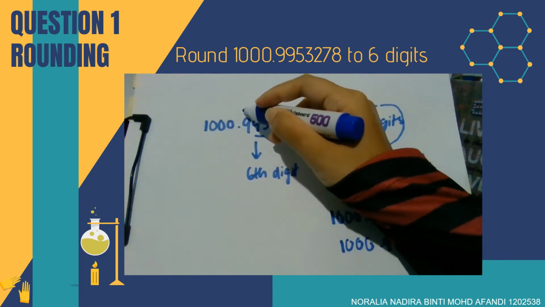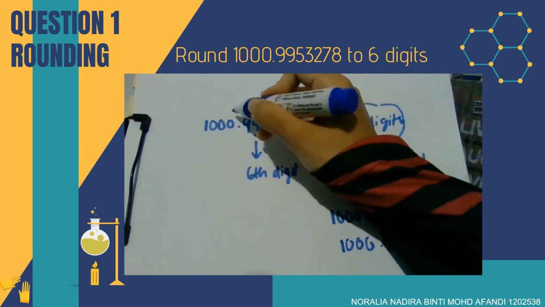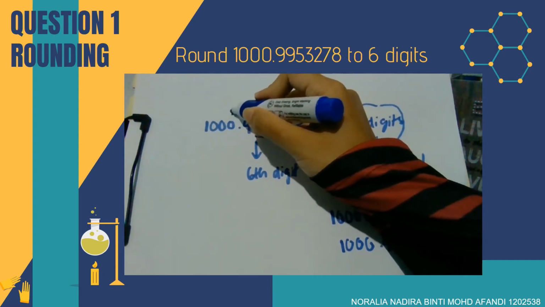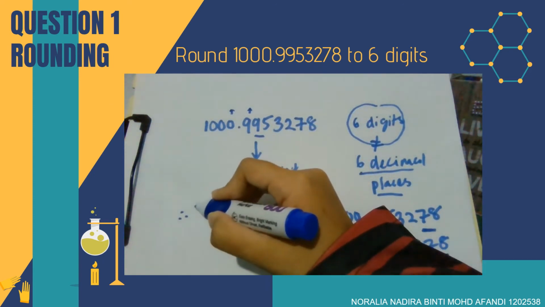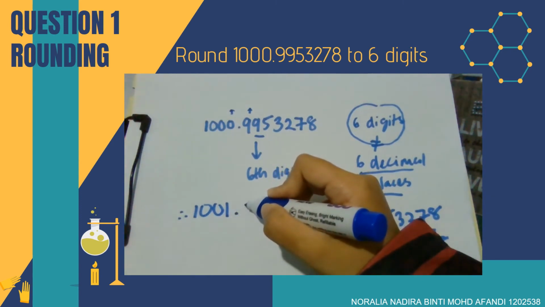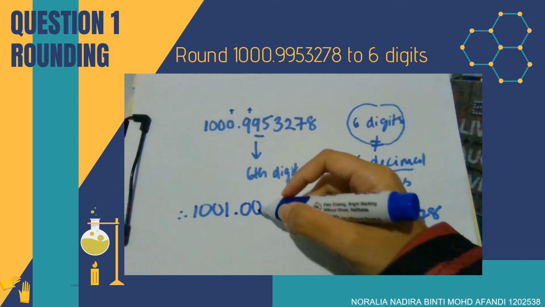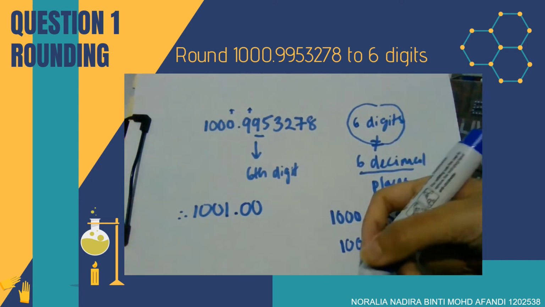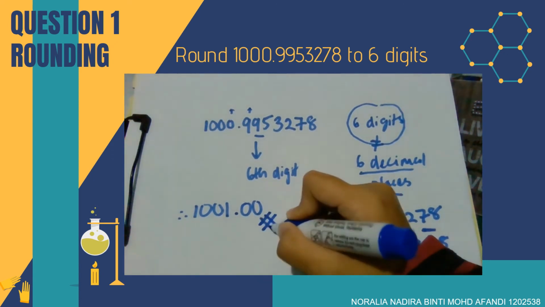And then we will have to round up 0 here. So the answer will be 1001.00. These two zeros also need to be written because the question wants 6 digits. So this will be the answer.